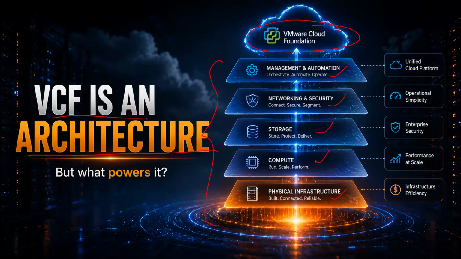And this is exactly the reason why enterprises adopt VMware Cloud Foundation, not because of individual projects, individual products, or individual technology stacks, but because this architecture simplifies cloud operations.